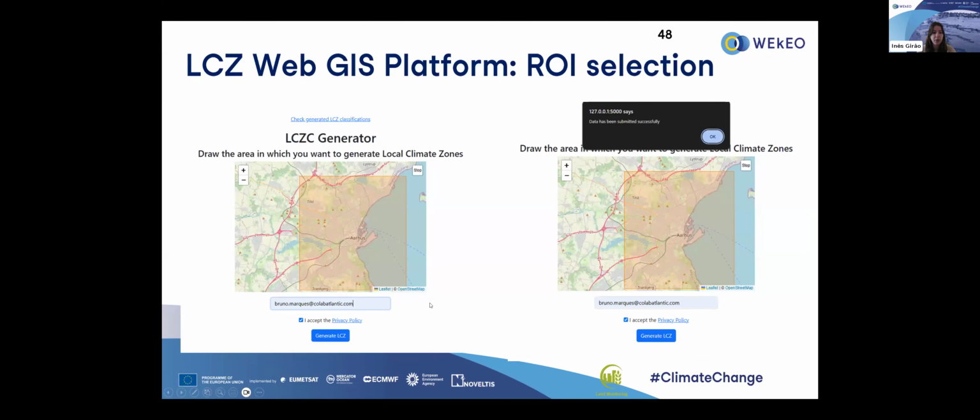So the first thing you need to do is define a region of interest. You can interactively select an area by drawing, and in the future we also want to add the possibility of inputting a shapefile or something that relates to the extent that you want to see classified.